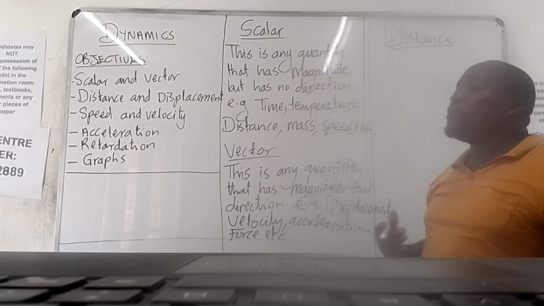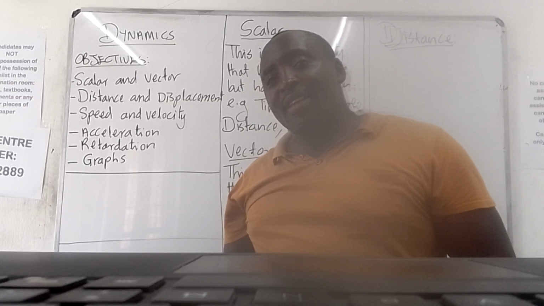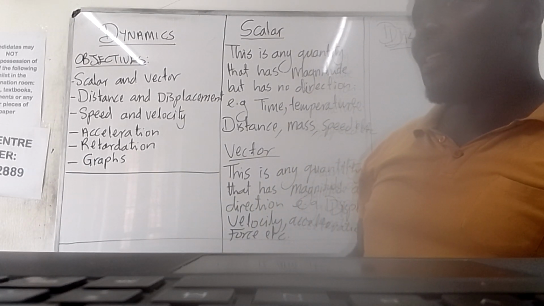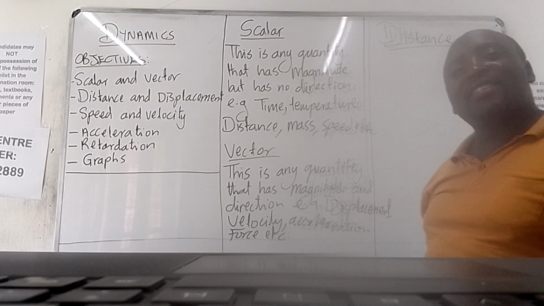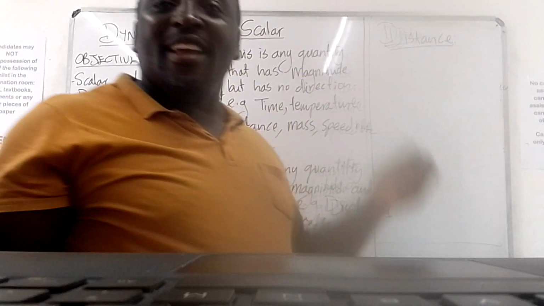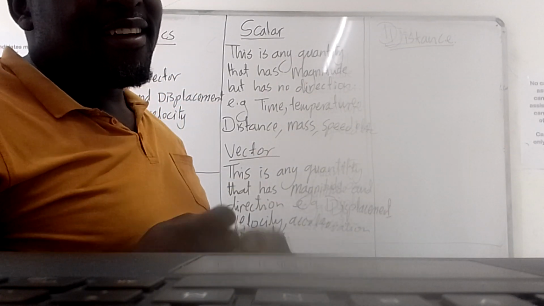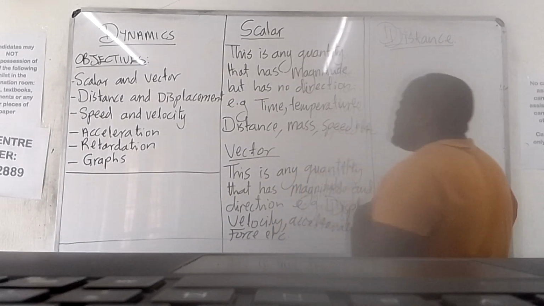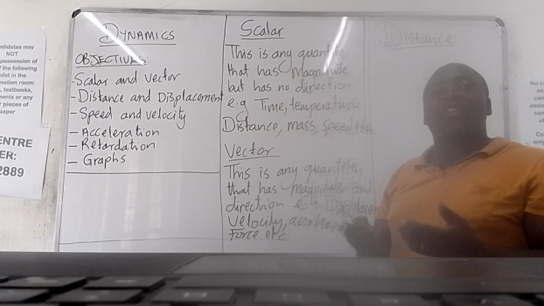Distance is the magnitude of a moving object measured in meters or kilometers, and it does not have any specific direction of its movement.